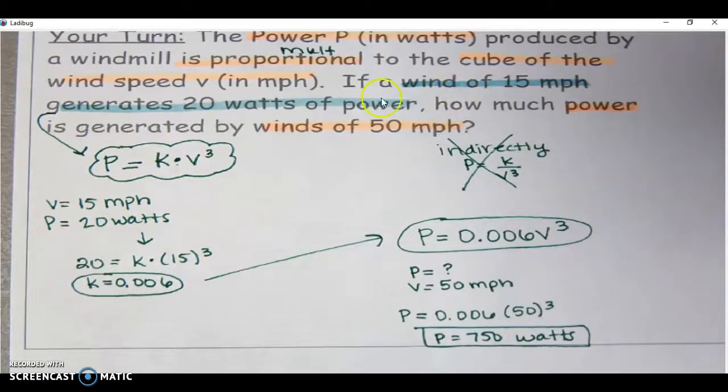Then they tell you both variables, P and V, and you use that to figure out what k is. Make yourself a new equation that does not have k. Then answer the question, how much power? We were missing power, but we know the V, the wind speed, and you can plug in to get the power. That's how these word problems are going to work pretty much every time.